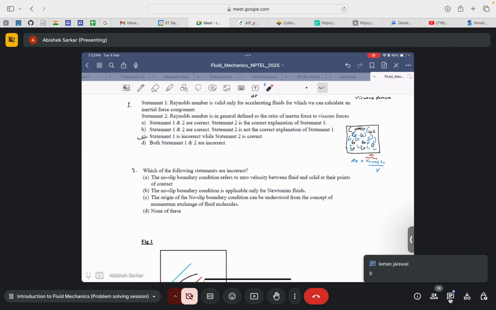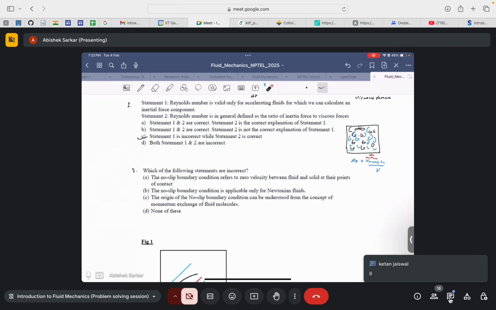It refers to zero velocity. So I mentioned that it is actually the tangential velocity component, the velocity along the direction of the motion of the plate. Okay, and not the normal velocity component. So the no slip velocity condition is referring to the tangential velocity, because that's where we can perceive slipping, right?